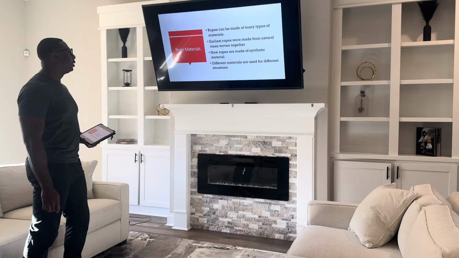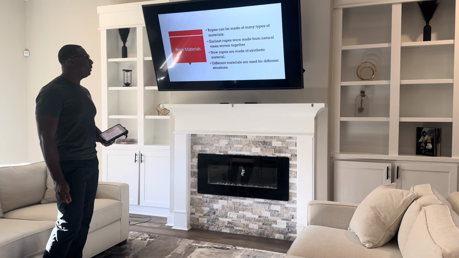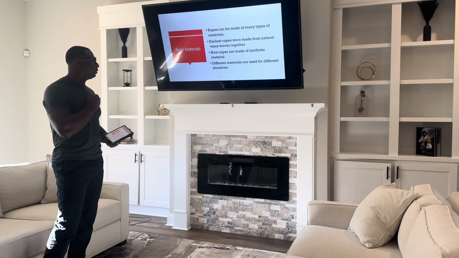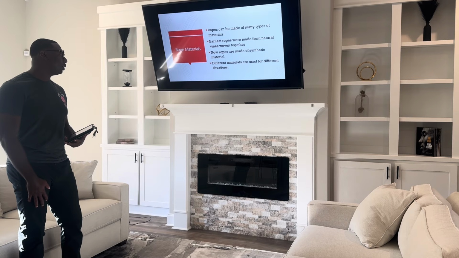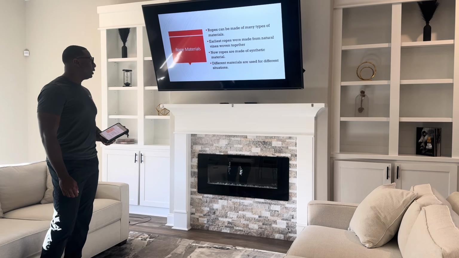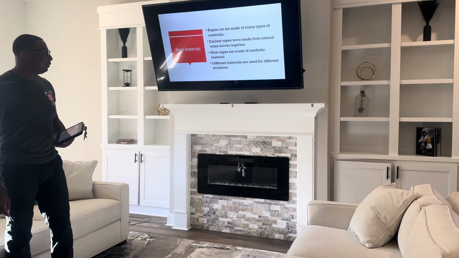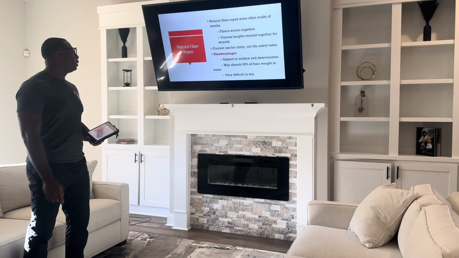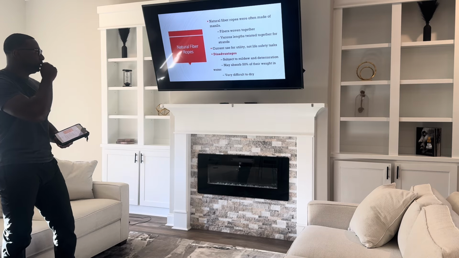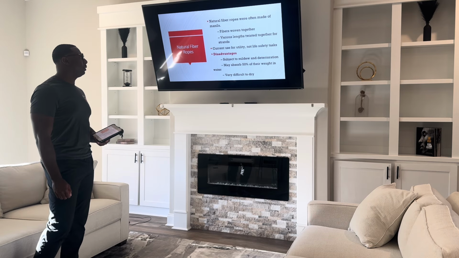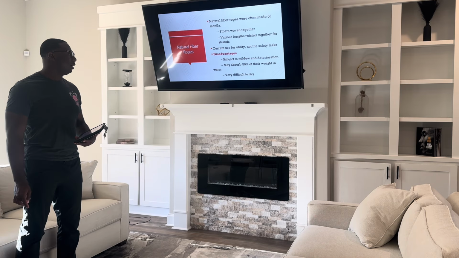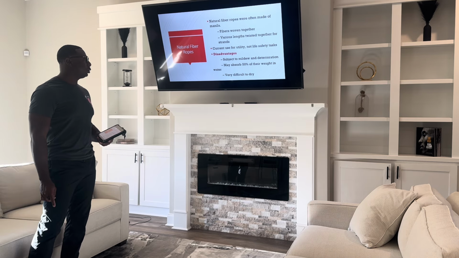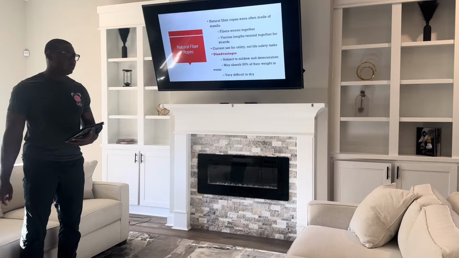Rope materials. Ropes can be made of many types of materials. The earliest ropes were made from natural vines that were woven together. Now ropes are made of synthetic material. Different materials are used for different situations. Natural fiber ropes were often made of manila fibers woven together, various lengths twisted together into strands.